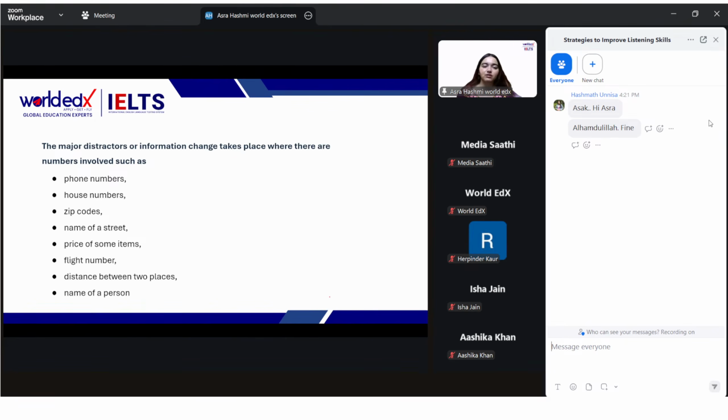The next is house numbers, क्योंकि वहाँ पे again numbers का use होता है, तो 13 बोल रहा है तो आप 30 लिख दोगे. This is another kind of distractor that you have to pay close attention to.